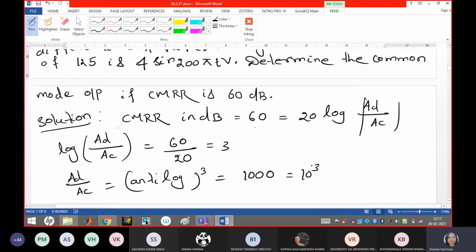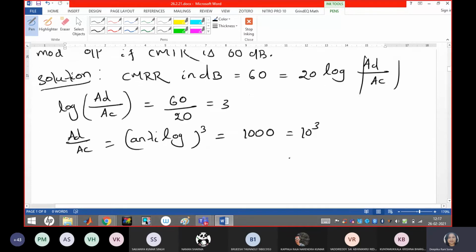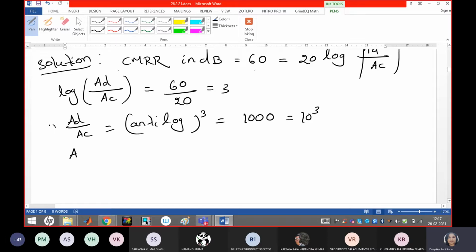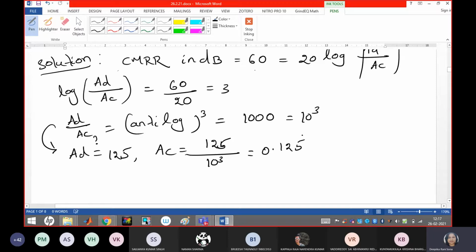Okay. Now, what is the value of AD? In this equation, if you see, AD equal to how much it has given? 125. What is the AC then? 0.125. Yes. AC equal to 125 divided by this value, right? So this will give rise to 0.125.